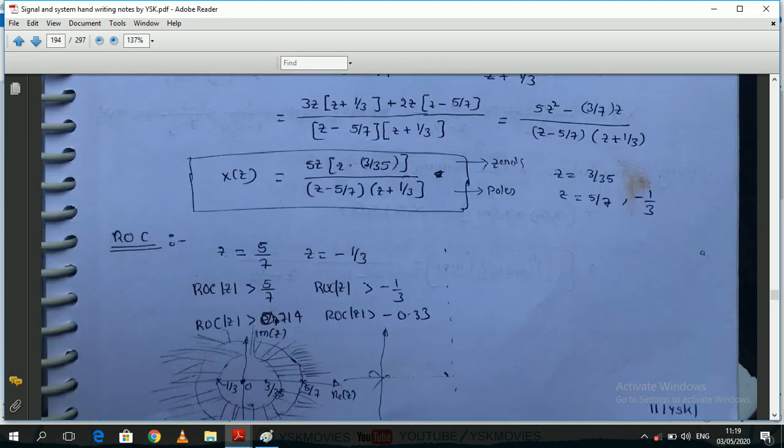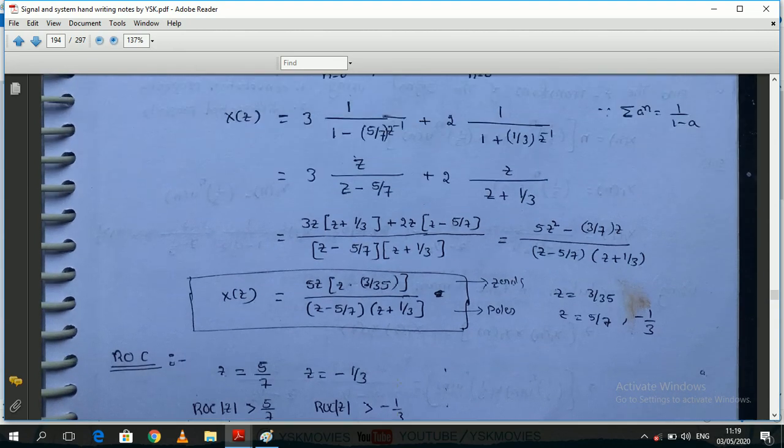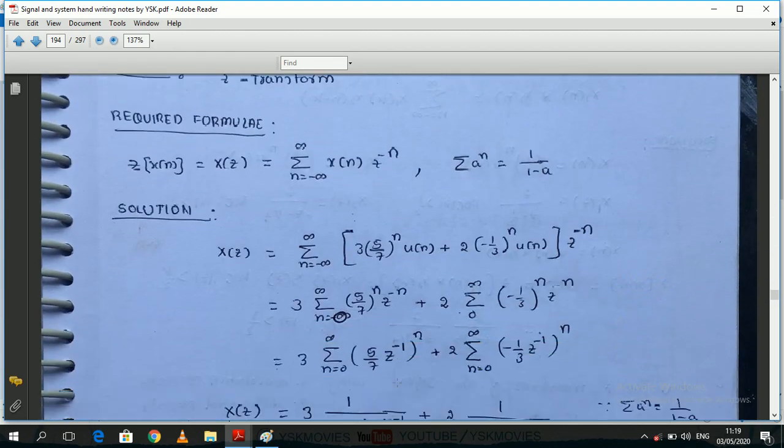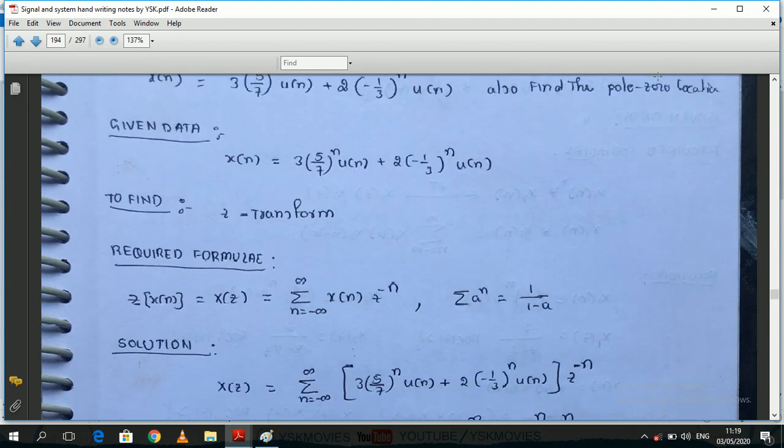So let's start to find the ROC. Already I have told you, to find the ROC you observe the problem. This is x of n z power minus n. The given problem is multiplied with the unit step u of n, a right side sequence. That means it is sure that for both circles, the ROC is outside of the circle.